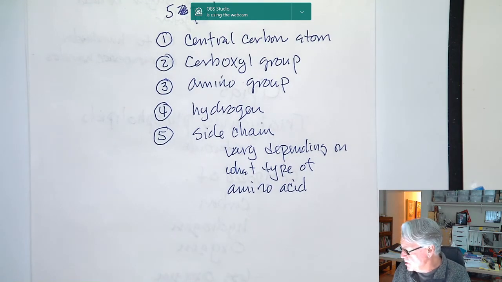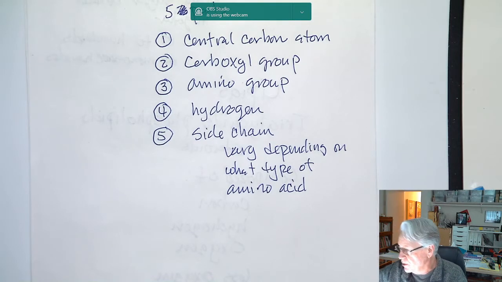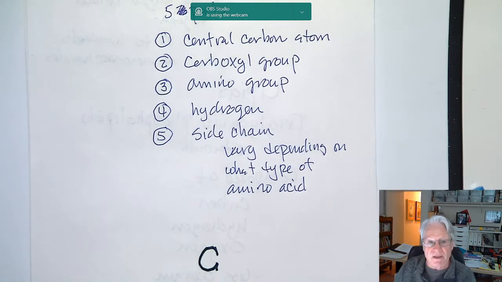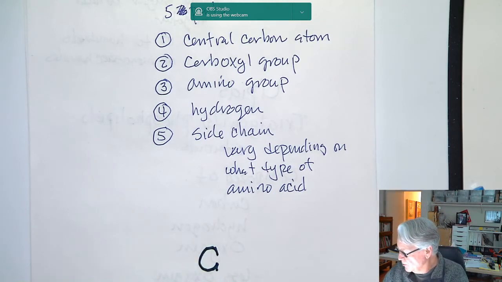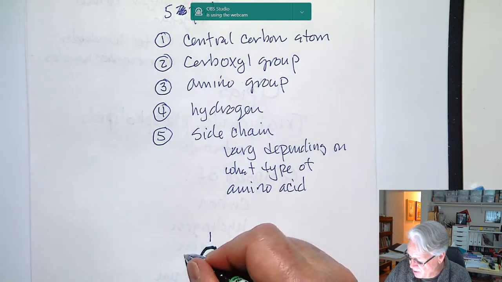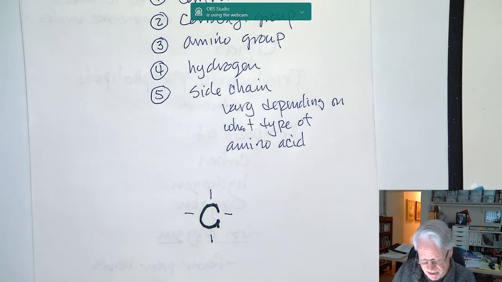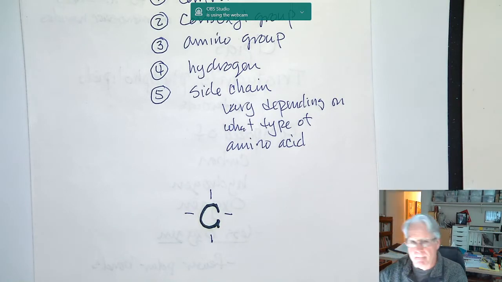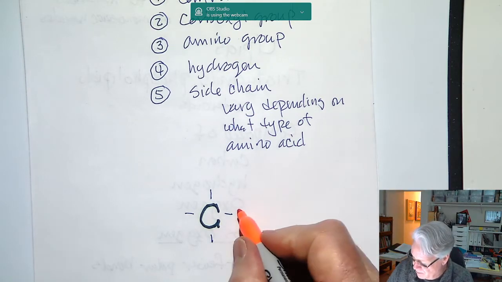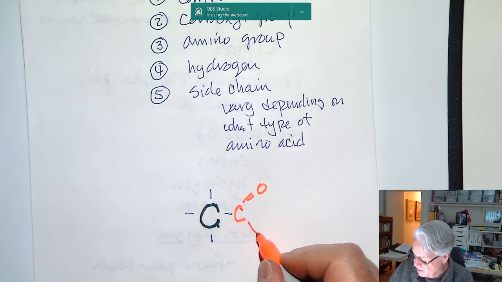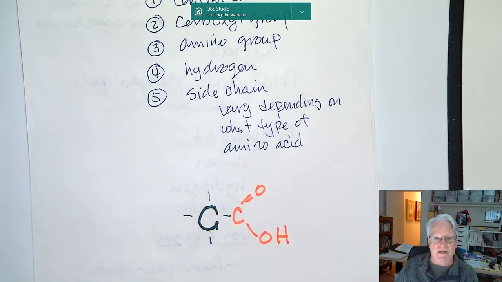So let's begin with the central carbon atom. We're going to start off with the C. That's our carbon. And as you know, carbon has the ability to bond to 4 different things. So there's our central carbon. Over here, we're going to attach another carbon, oxygen, and that right there.